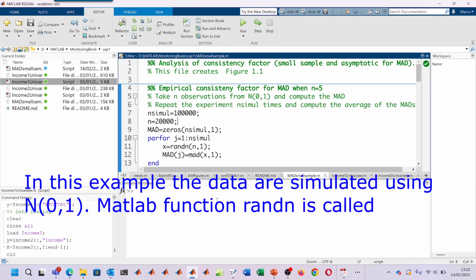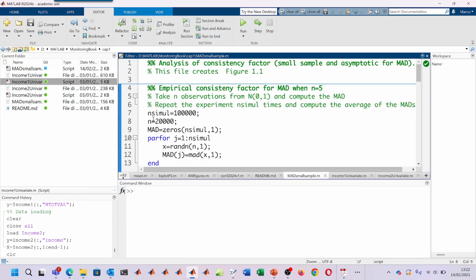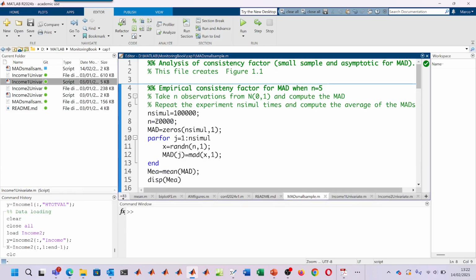Let us start with a very large sample of 20,000 observations. For this sample we compute the MAD, and then we repeat the analysis for 100,000 samples. And then we take the mean of these 100,000 values of MAD.